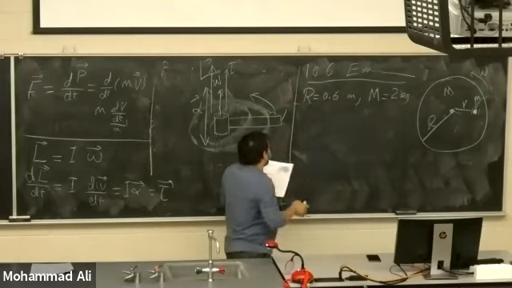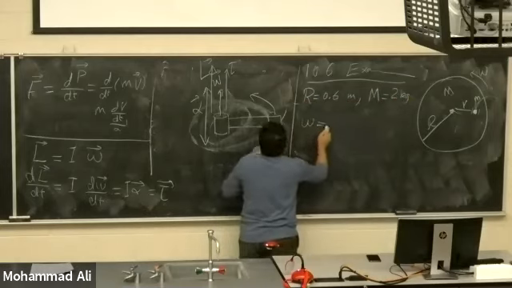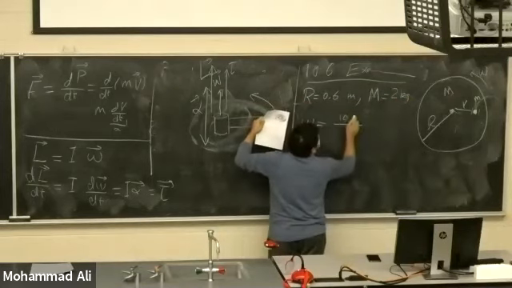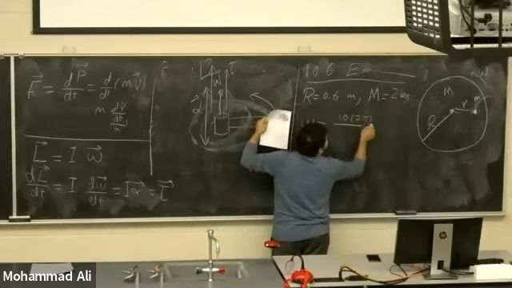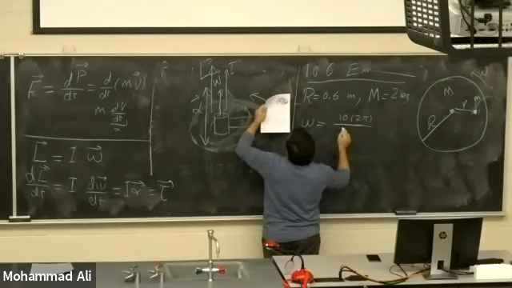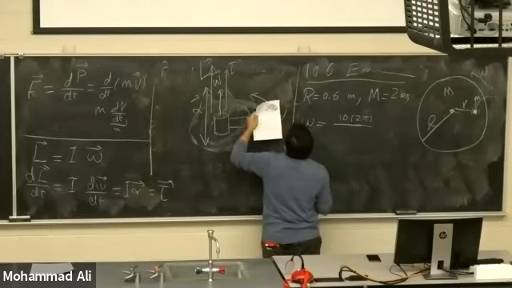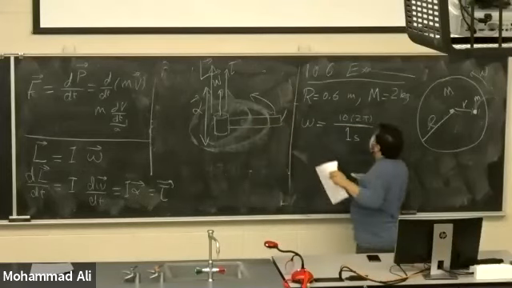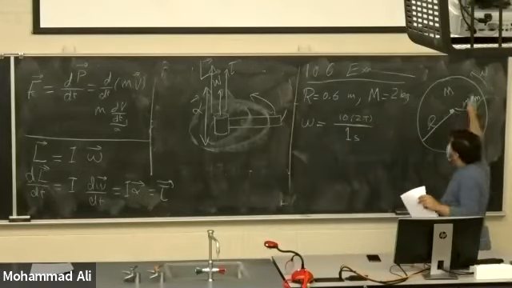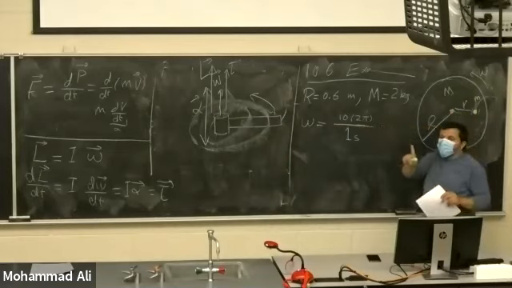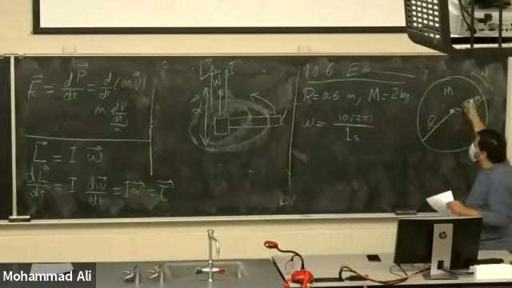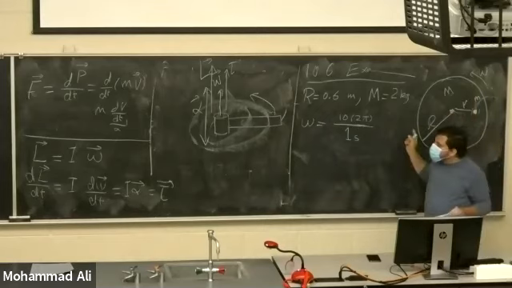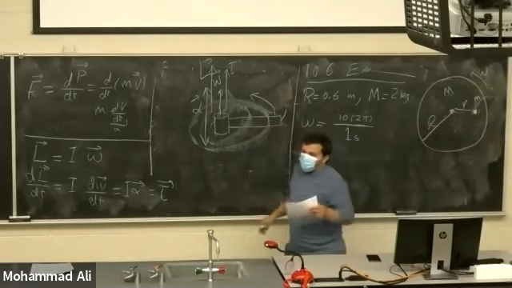And omega, just like the previous example, is 10 2 pi's during 1 second. Wow. Is it fast? We have 10 2 pi's during a second. That means 10 rotations during a second. Is it fast? It is faster than the previous question.